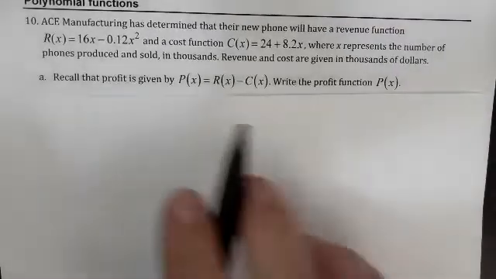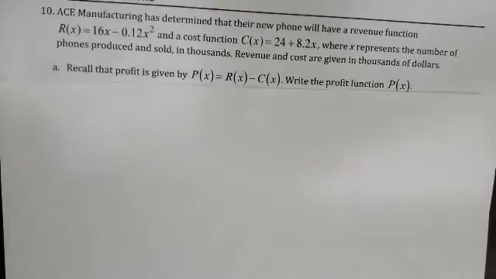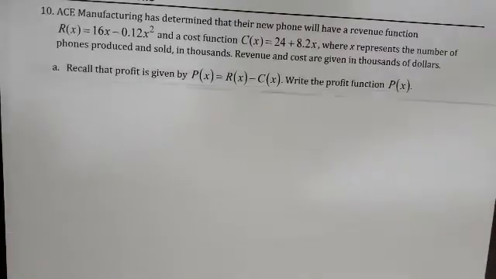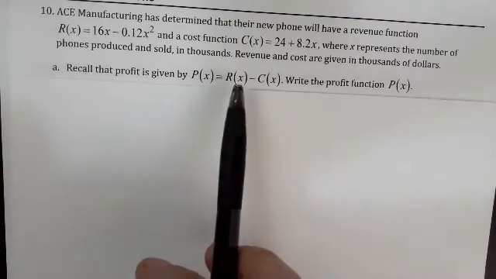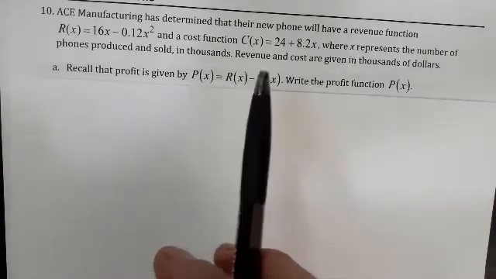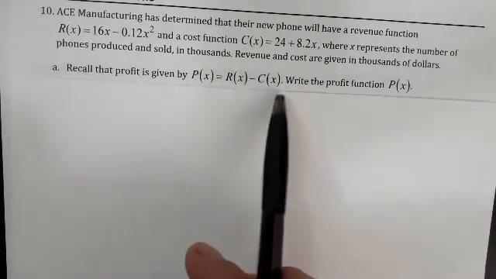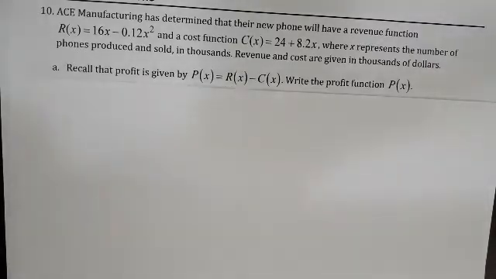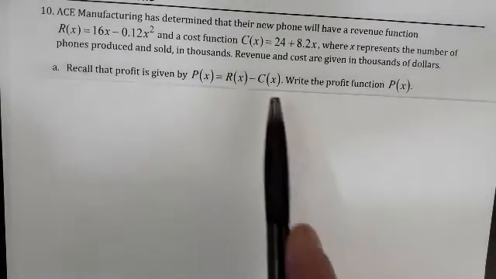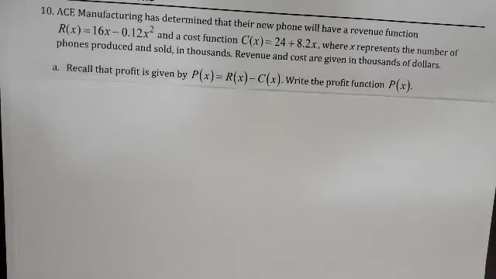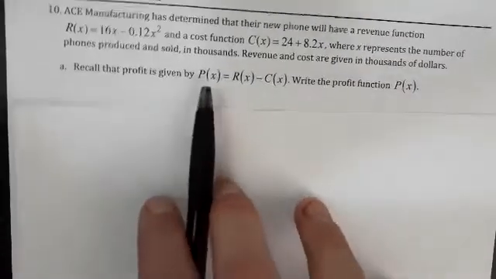we have these three things called revenue, cost, and profit. And so to make sense of these a little bit, when you're running a company, everything you sell, all the money you're taking in, is going to be considered your revenue. Everything that you spend to make your product is going to be your cost. So if you take all the money you're taking in and you subtract all the money that you're spending to make it, that net gain there is your profit.